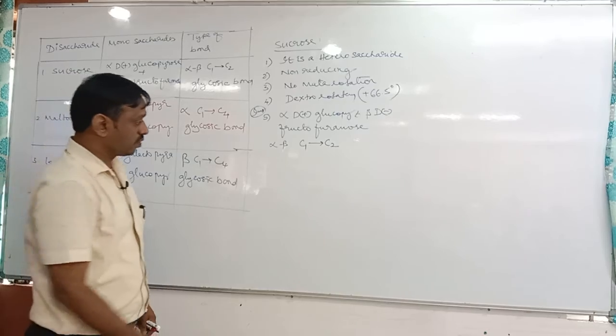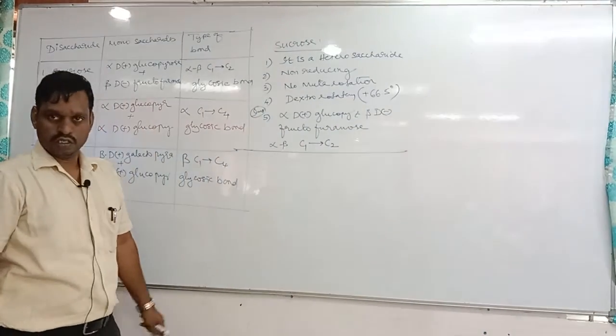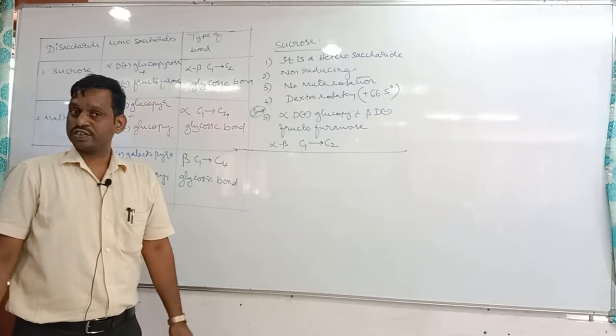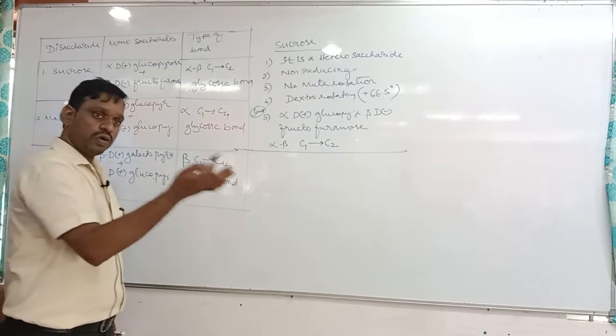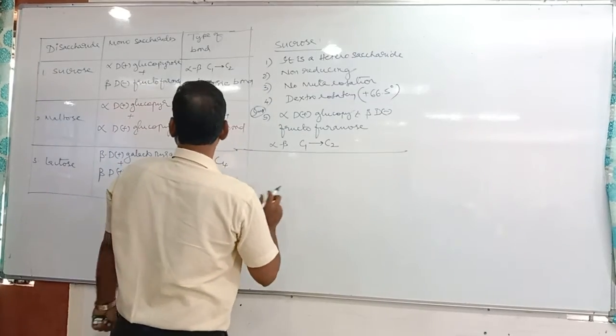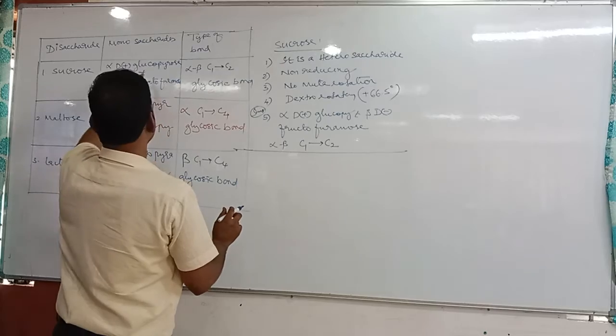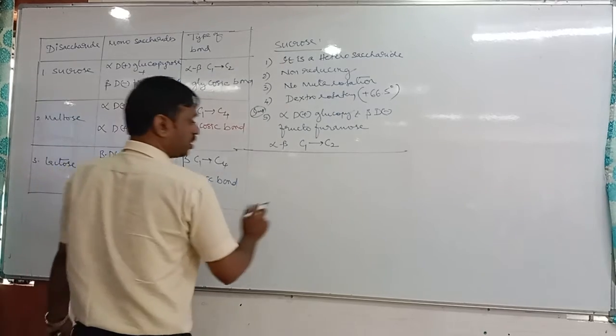Now tell me, to draw the structure of sucrose, we need to draw the structure of what? Glucose and fructose. Which glucose, which fructose? It is alpha D plus glucose.